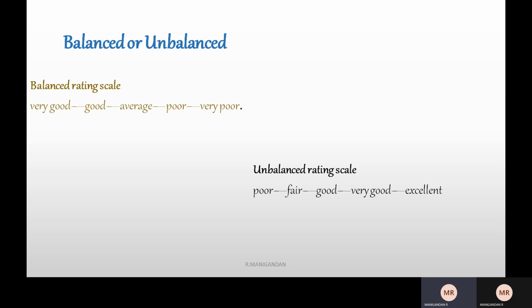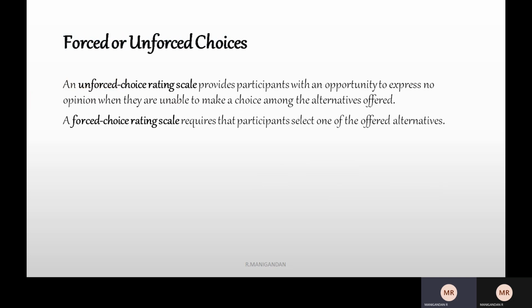And forced or unforced choices. An unforced choice rating scale provides a participant with an opportunity to express no opinion when they are unable to make a choice among the alternatives offered. The forced choice rating scale requires the participant to select one of the offered alternatives. First of all, with forced rating scales, most people have some fan base, so they simply follow.